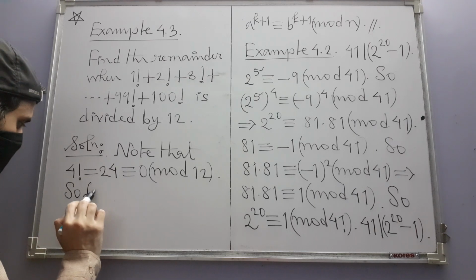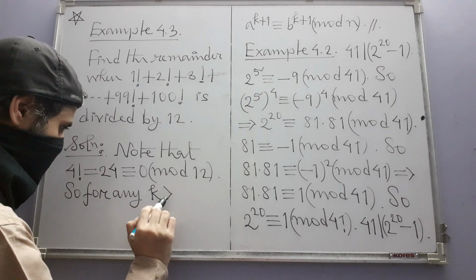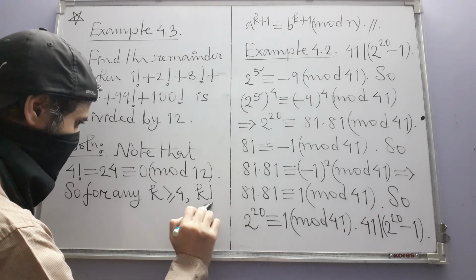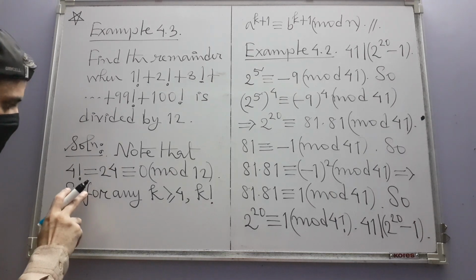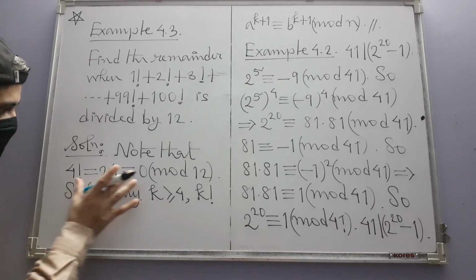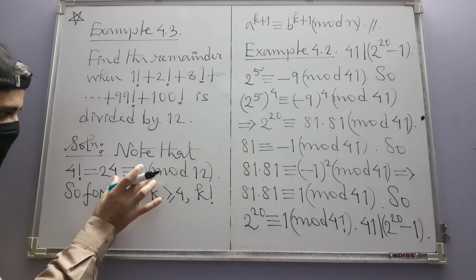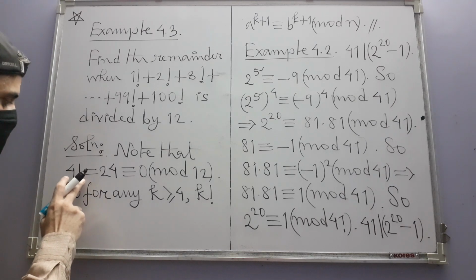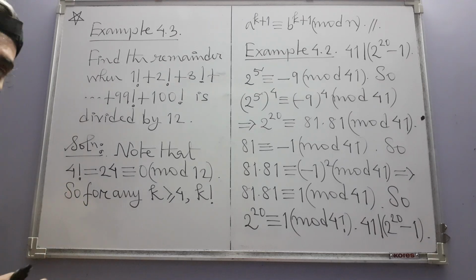So for any integer k greater than or equal to 4, k factorial, you notice one more thing, that it's customary to write things like this. I mean, write a statement, one part of which is an ordinary equation and one part is a congruence. You can do that, okay. There is no chance of confusion, provided you know what you are writing.